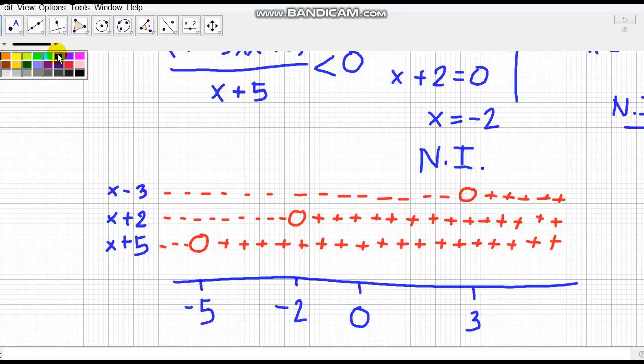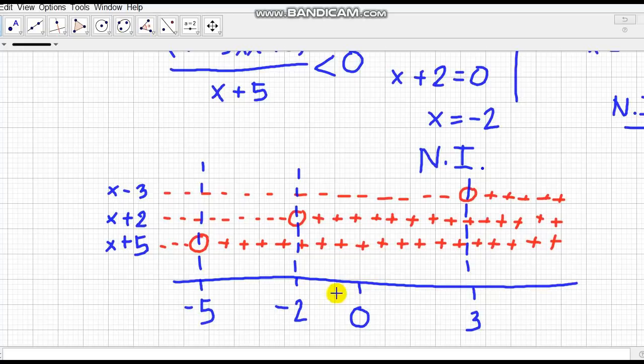So let's identify the regions. So let's put some dividing lines here. Actually, the 0 here is not important, but I write it here so that we have a guide on where to put the negative and the positive. Now, let's multiply. Negative times negative is positive, times negative will be negative.